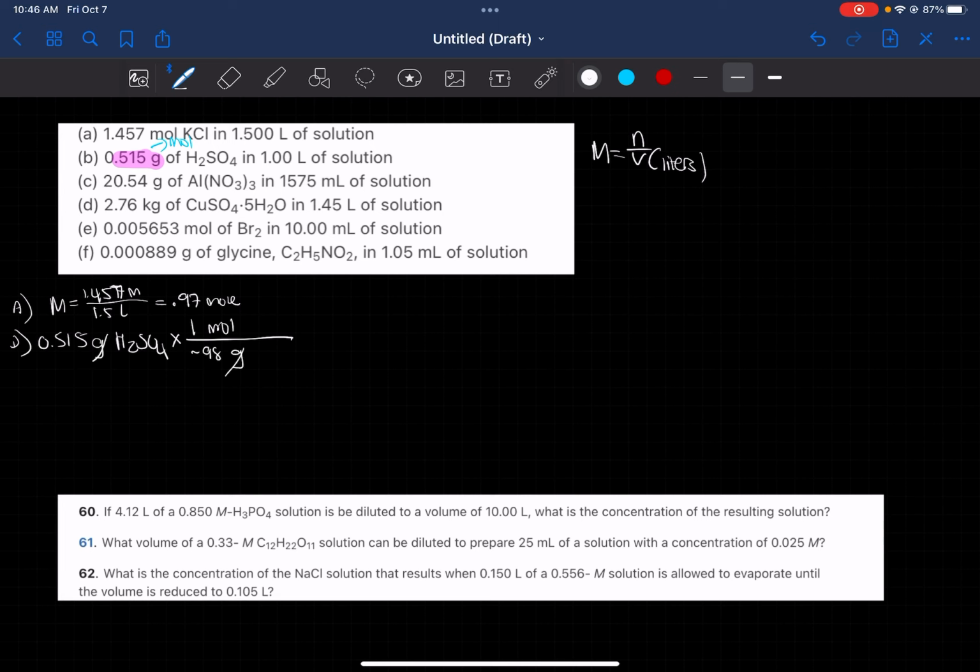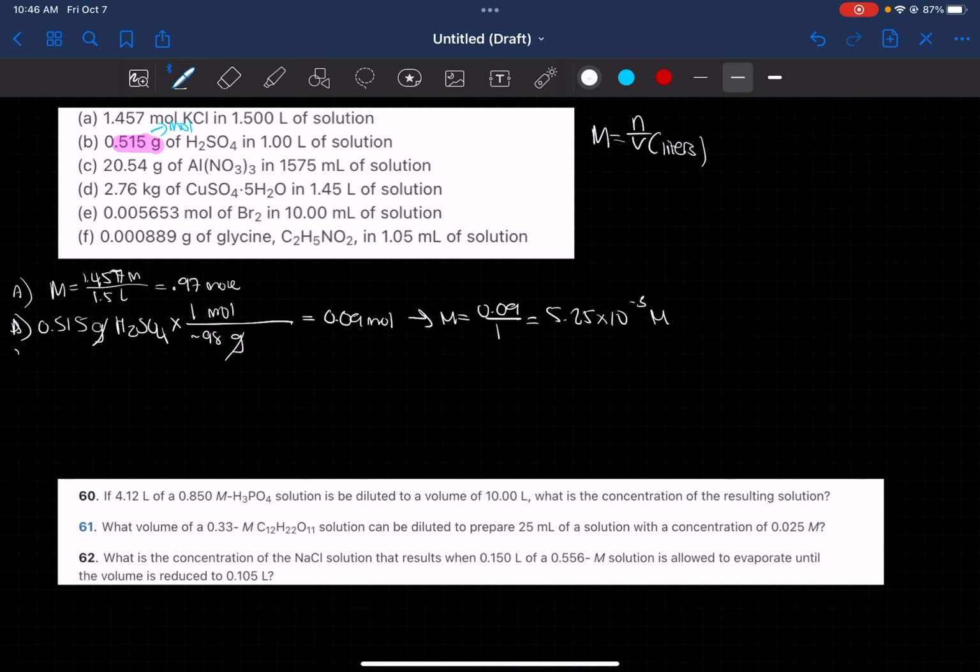That way we get rid of grams, which equals approximately 0.09 mole. Since you have the liters already, molarity equals 0.09 over 1, which equals 5.25 times 10 to the negative 3 moles, or molarity.